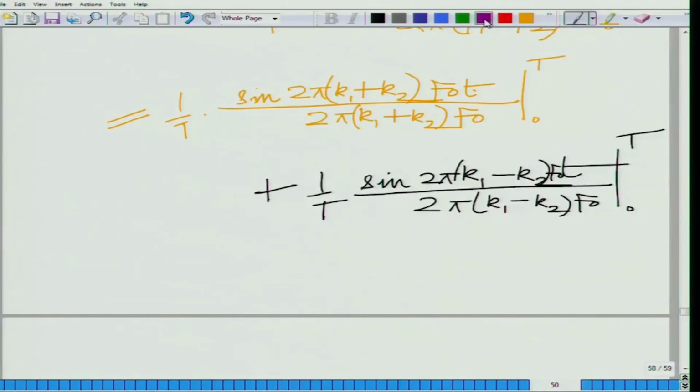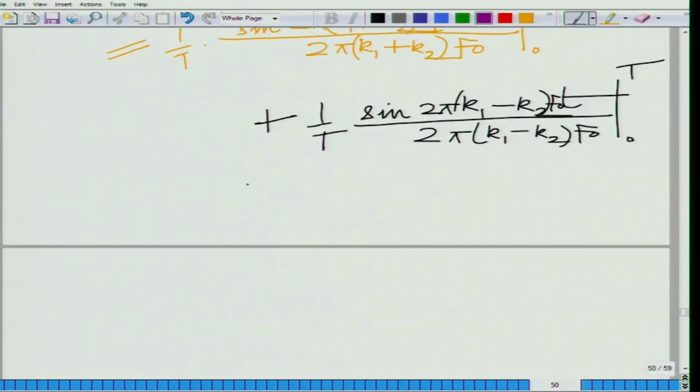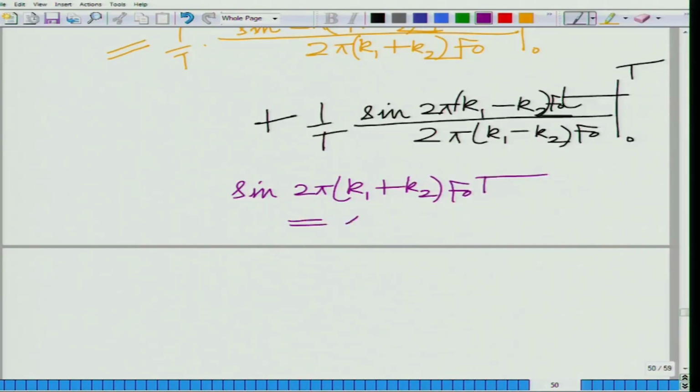Now, you can see, of course, sine of 0 is 0, and sine of 2 pi (k1 plus k2) f naught T, where f naught times T equals 1 since f naught equals 1 over T, is sine of an integer multiple of 2 pi, which is equal to 0.